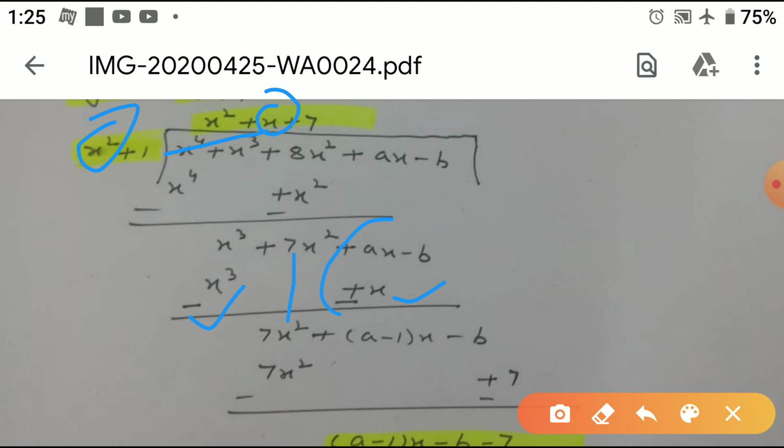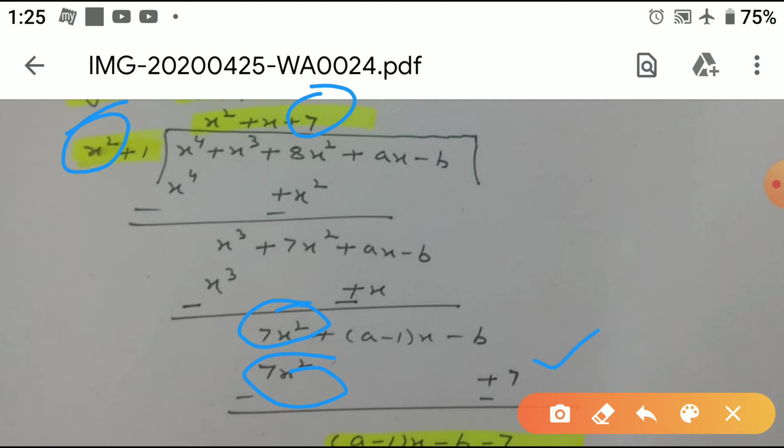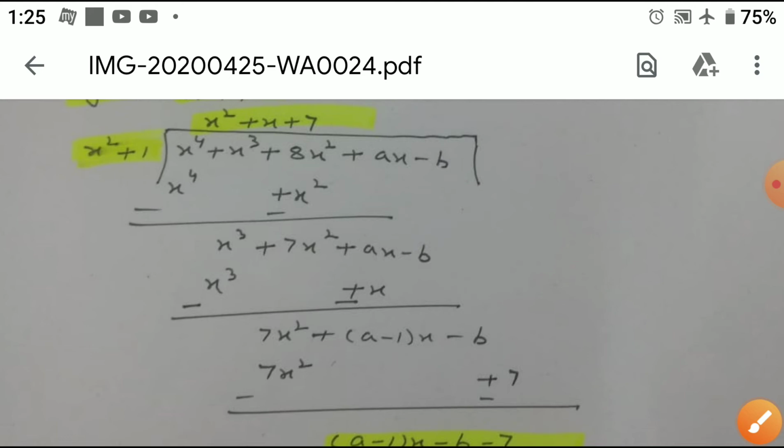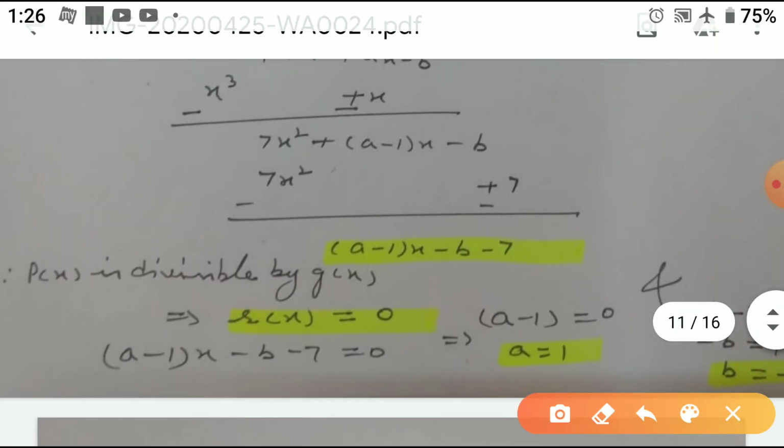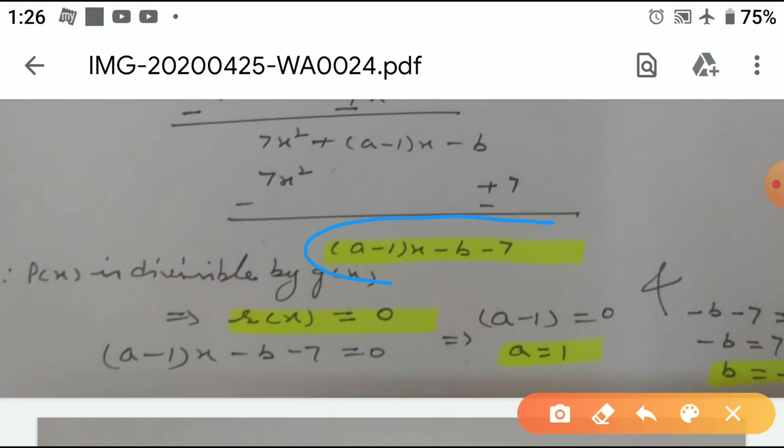So out of these we take x common and get a minus 1 into x, and minus b here as it is. Clear? Now to get 7x square, we need to multiply this x square with 7. So this is 7x square. 7 with 7 is 7, right? And this cancels. And finally in the remainder we get this.